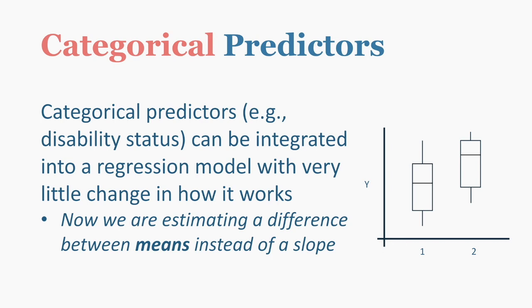The main difference between the interpretation for a categorical predictor is that we want to estimate the difference between means. So, for example, average income difference between men and women instead of a slope, which is what we would do when we have numerical predictors, right?